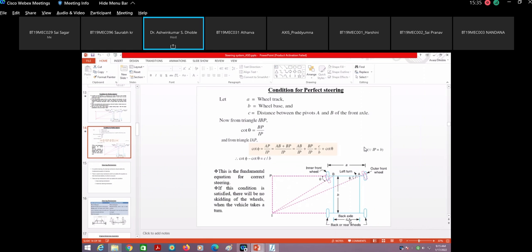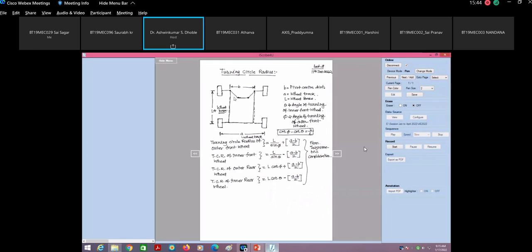We have taken it as B. For our configuration it is going to be b by L. This is B, the pivot center distance. So cot phi minus cot of theta is equal to b by L. This is the equation for perfect steering.